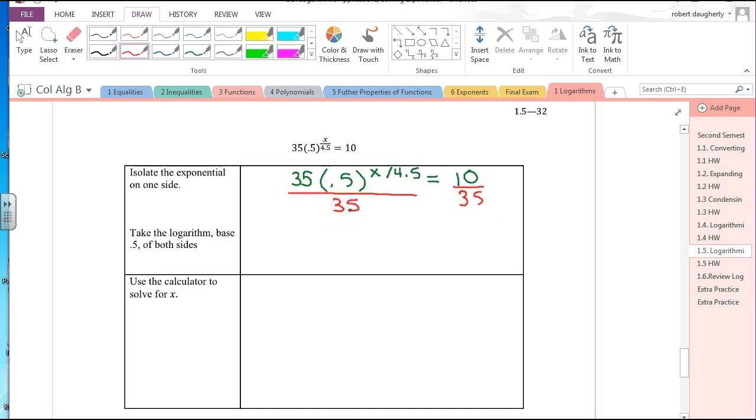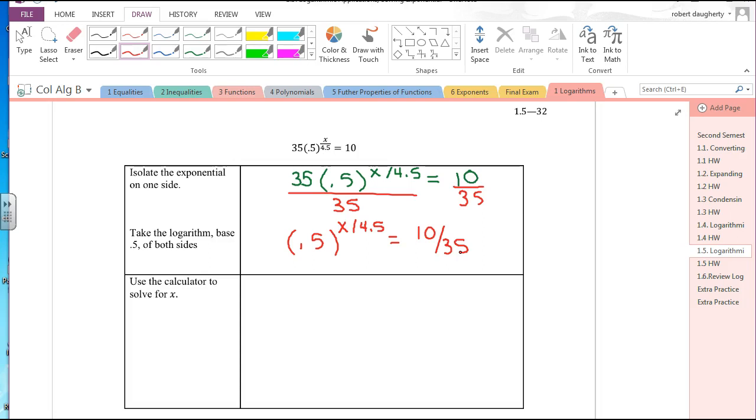What happens on the left? What do I get? I get 0.5 raised to the x over 4.5 equal, and I just get 10 over 35 on the right. Now do I have an exponential equation, something isolated raised to a power? Answer would be yes.